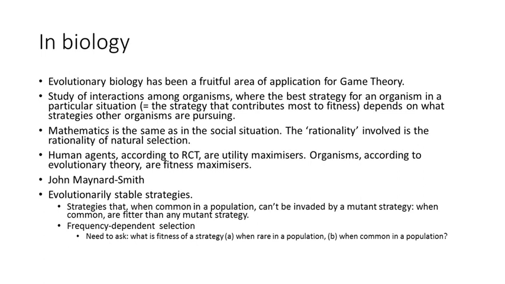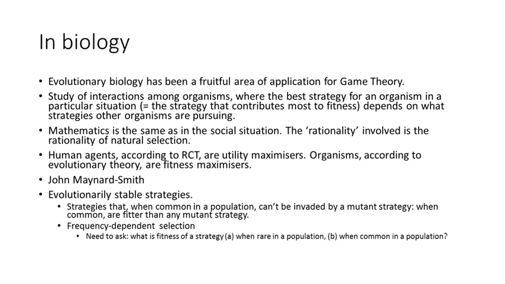So we talk about organisms pursuing different strategies. It's not that they're consciously aiming to achieve the best outcome for them, but certain strategies will contribute to fitness better than other strategies. Right? Certain strategies pursued by organisms will maximise their chances of surviving and reproducing better than other strategies.